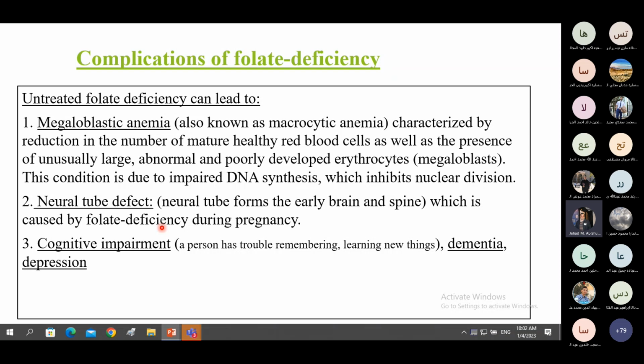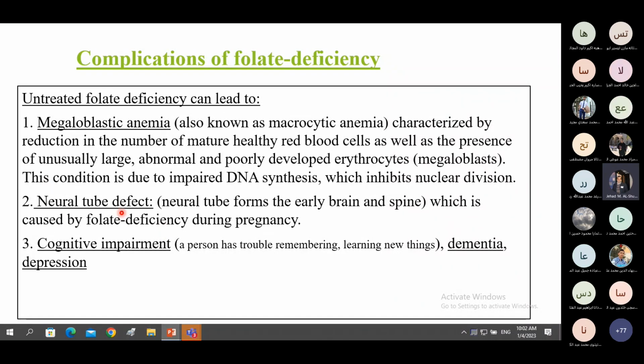This is why pregnant women are advised to take folic acid during their pregnancy to prevent the neural tube defect.